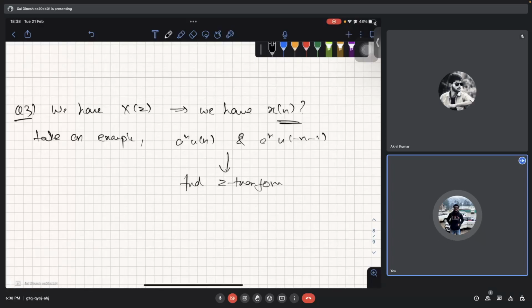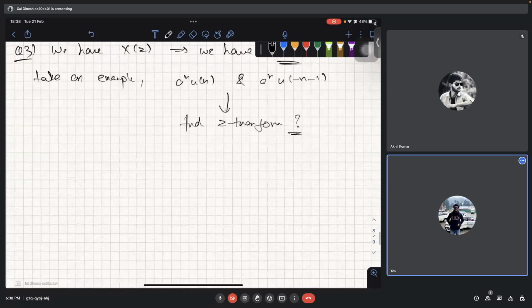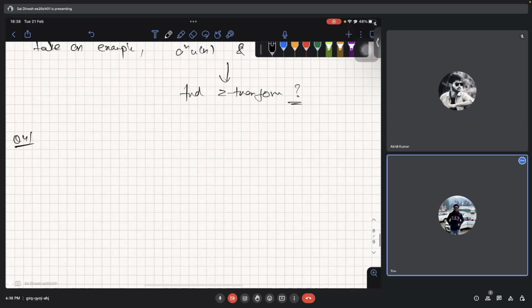Find the z transform and see if they are the same or different. So now, question 4.